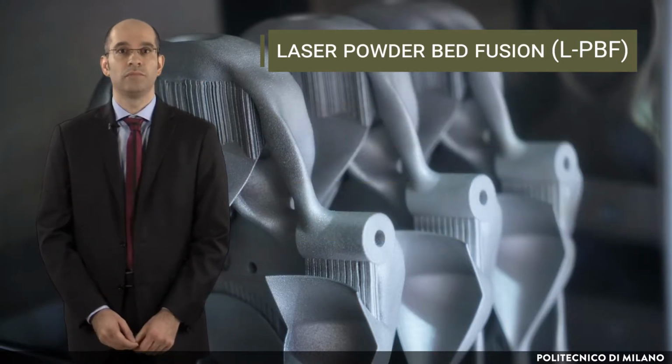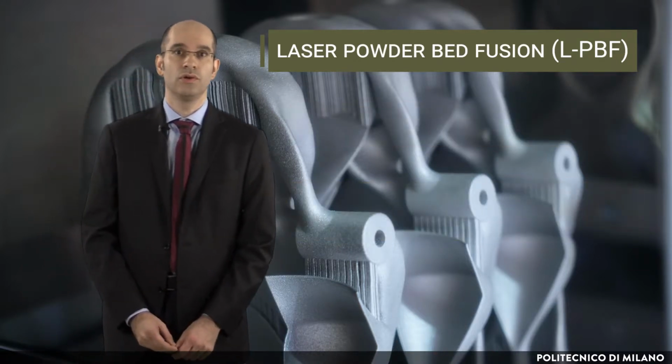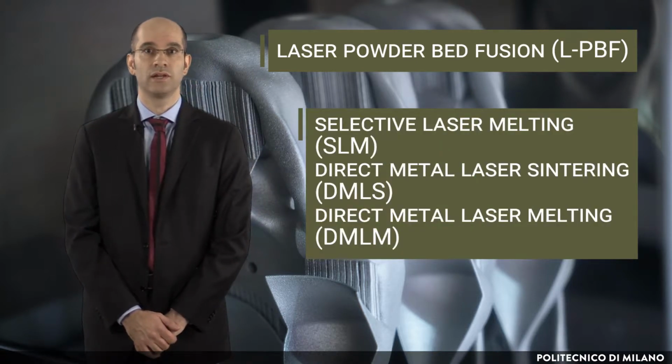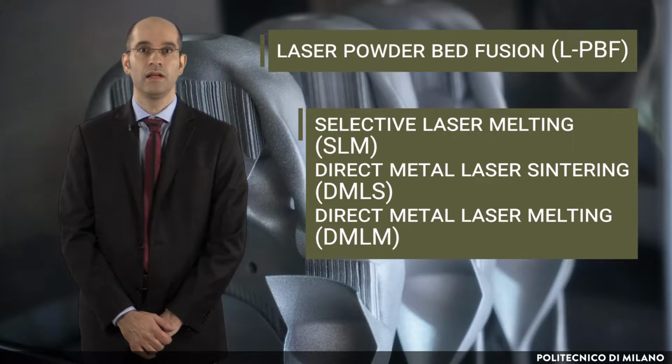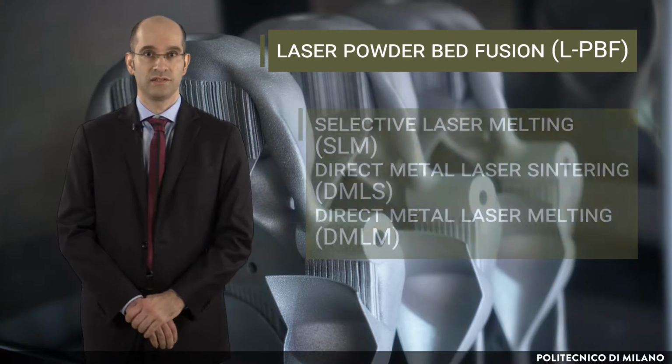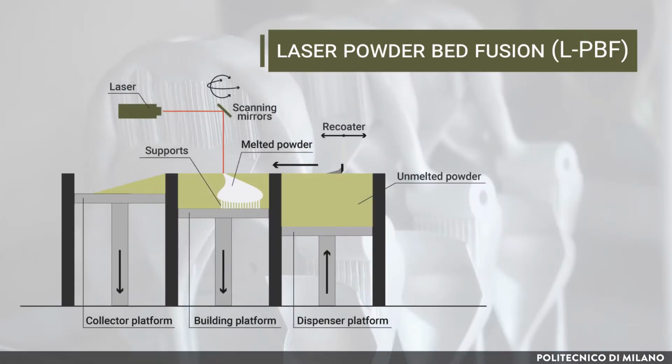In the laser powder bed fusion process, also known as selective laser melting, direct metal laser sintering or direct metal laser melting, metal powder is selectively melted by a focused laser. In the LPBF process, the laser beam passes through a system of lenses and is reflected by mirrors to control the laser beam spot movement on the building platform.